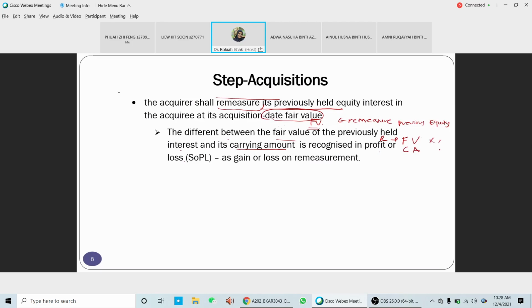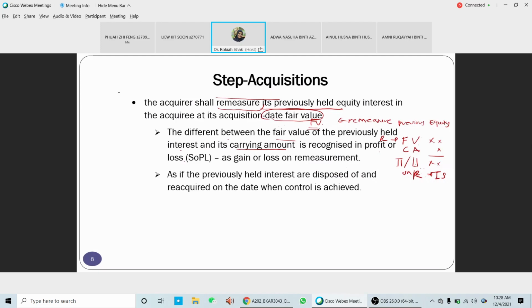The difference is either a gain or a loss. If the fair value is more than the CA, you have a gain. If the fair value is lower than the CA, you have a loss. This gain or loss on remeasurement is transferred to your income statement or profit or loss account.